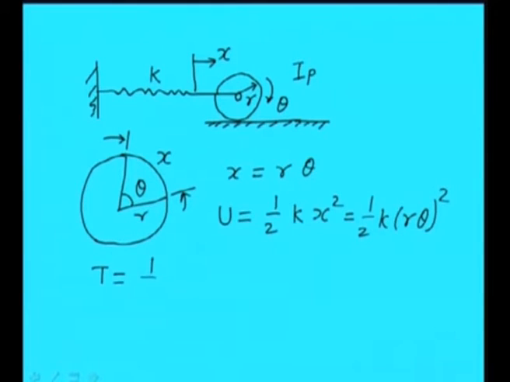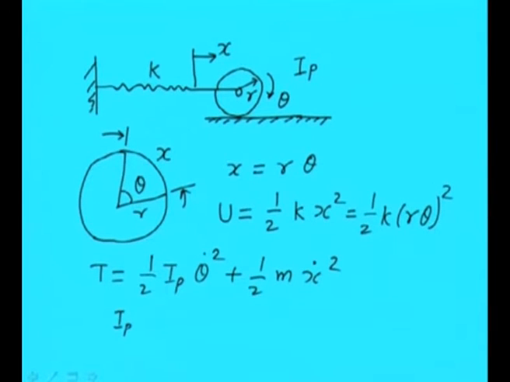So let us say first, this is the kinetic energy due to the rotation, plus this due to the linear motion. So this is the total kinetic energy, and for a cylinder, IP is given as half m r square. So we will be using this. Also we will be replacing x with r theta, so that all the energy quantities will be expressed in terms of theta.